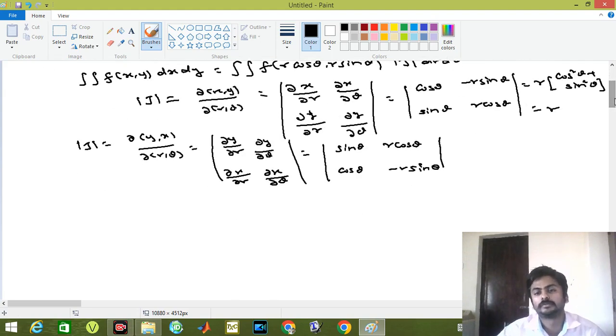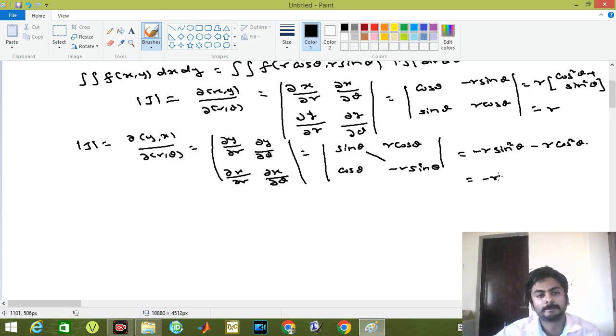So you will get the Jacobian as minus r into sine square theta, then minus r into cos square theta, that is equal to minus r.